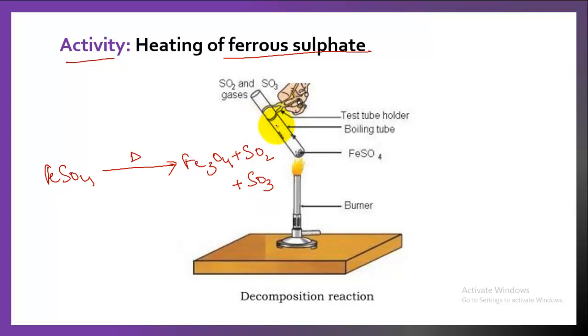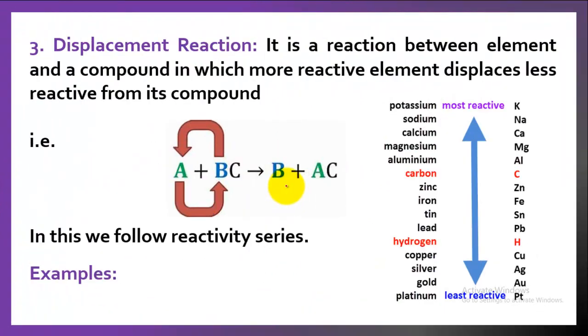As you saw, we took a test tube, put FeSO4 into it, and with the help of a burner we started heating it. It breaks and forms Fe3O4, and along with that gases with a pungent smell are liberated, that is SO2 and SO3.